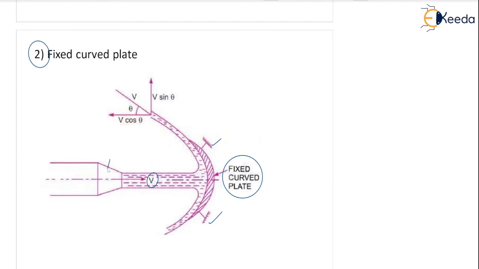When the jet of water strikes the fixed curved plate, the water comes out with velocity V, making an angle with the horizontal. Let us say this angle is theta, so this component is V cos theta and this is V sin theta. So now the angle is introduced at the exit part.